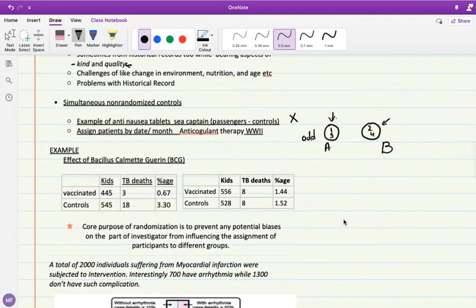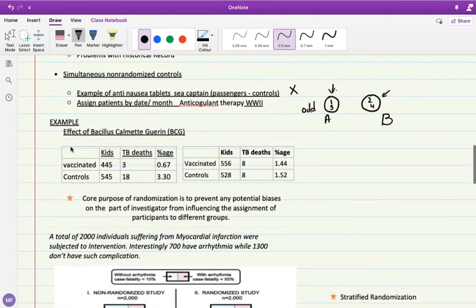And additionally, there are certain other things, like a predefined selection bias, that may also badly influence our results. So look at the example of the effect of Bacillus Calmette-Guérin, which is basically a vaccine used against TB.